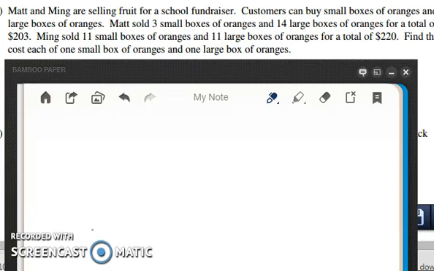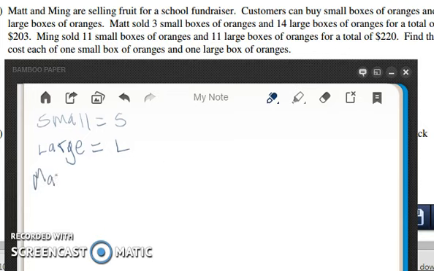Alright, my unknowns. I have a small box and I have a large box. So we're going to call that S and L, small and large. Okay. We have 2 equations.